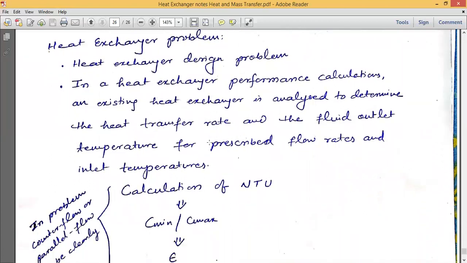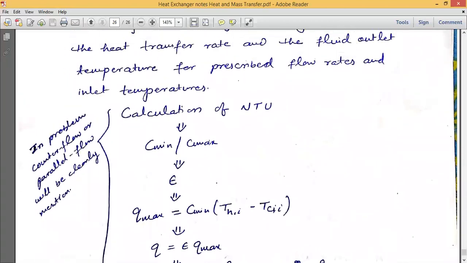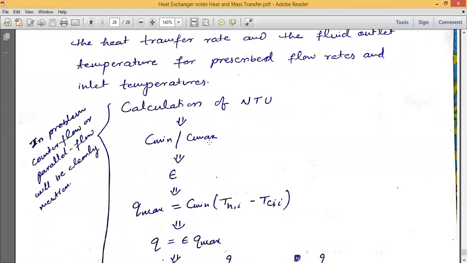What are the different steps if you have to check the performance? You need to follow certain steps. First of all, you will have a known value of area. You will not know the outlet temperatures, only the inlet temperatures.